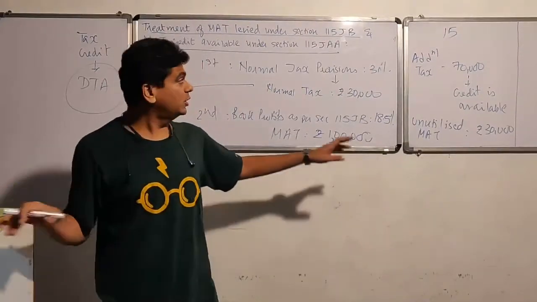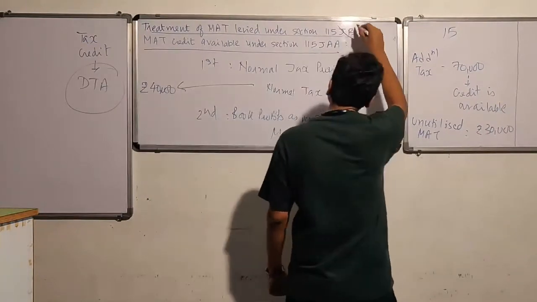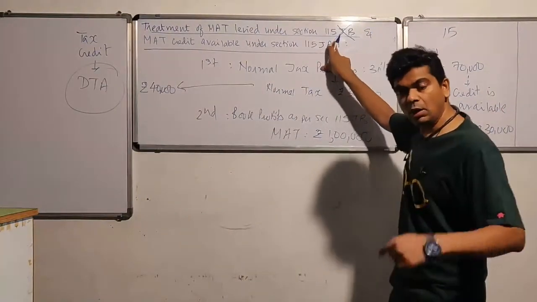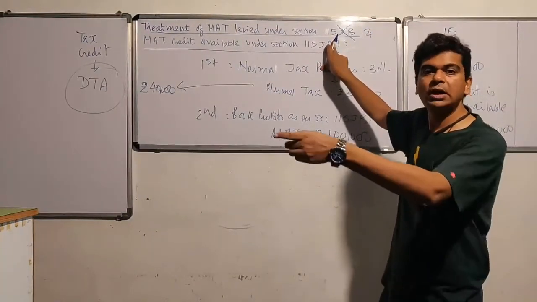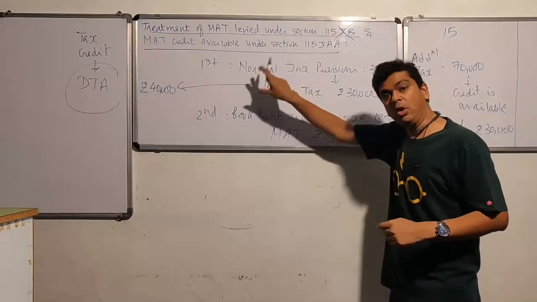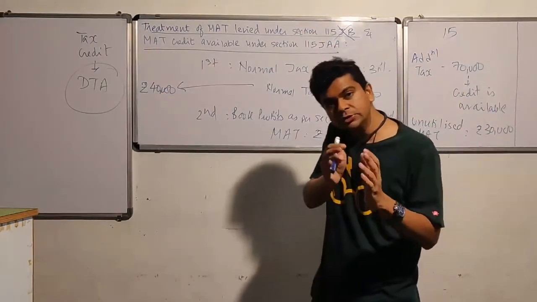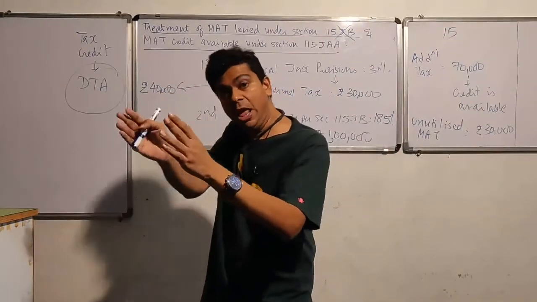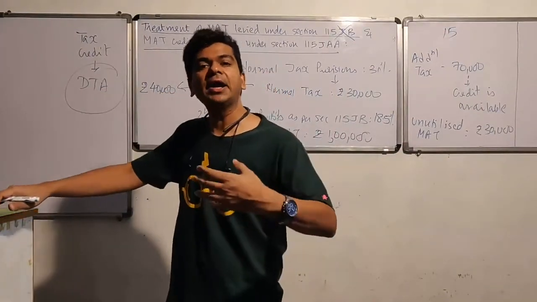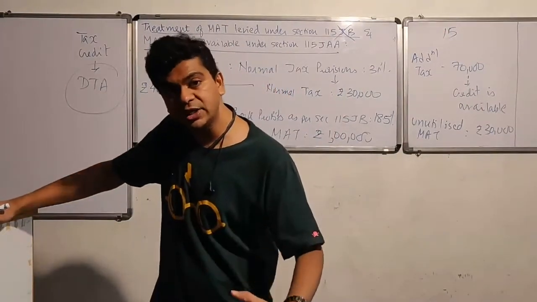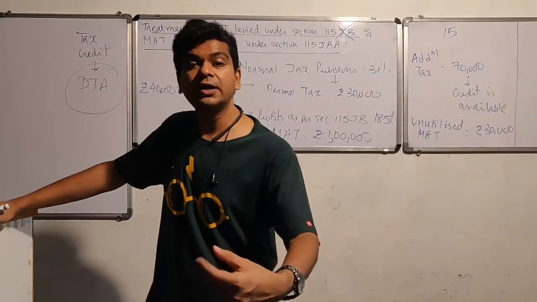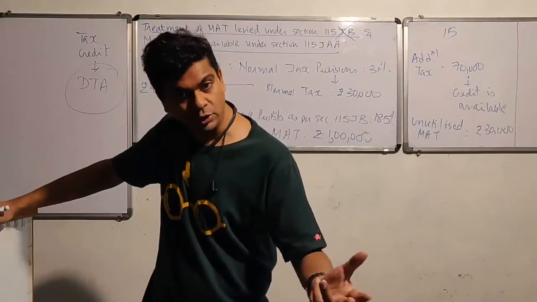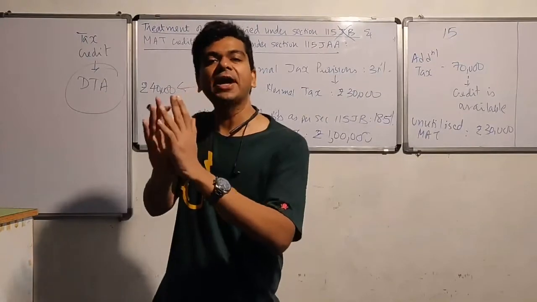So in future, when 115JB is no longer applicable, once I move into the normal tax provisions, as per the normal tax provisions I am supposed to pay tax of 40,000, but now I will utilize the credit that I have accumulated, and because of that credit, I don't have to pay 40,000. So I am saving tax.